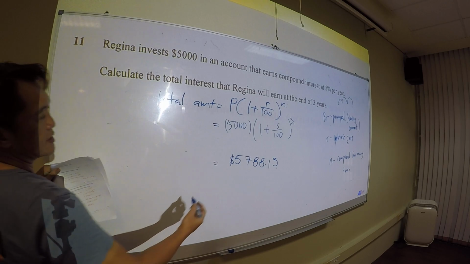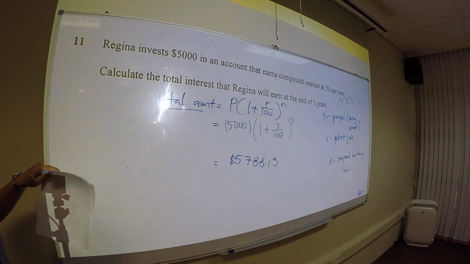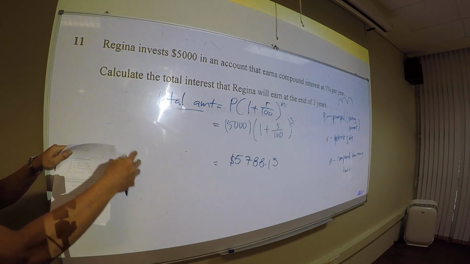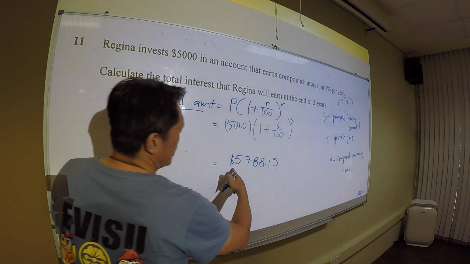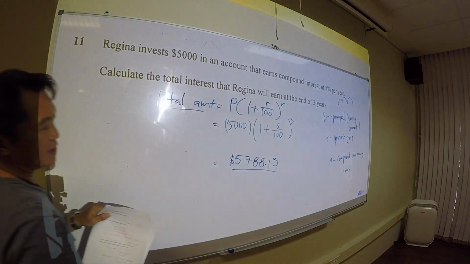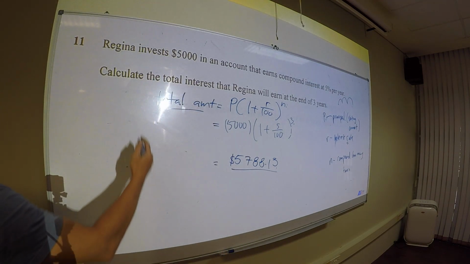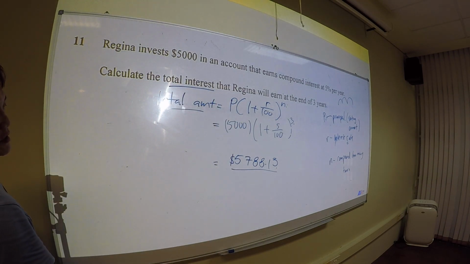Okay, so this is total amount. Total amount means you put the money in, you put 5,000, then after 3 years it compounded, your 5,000 becomes 5,788.13. But they are asking you to calculate the total interest.